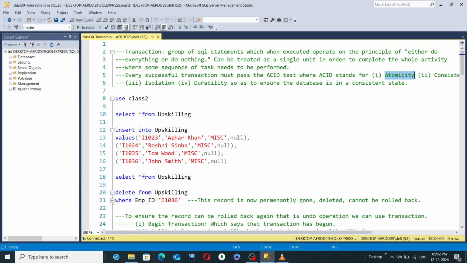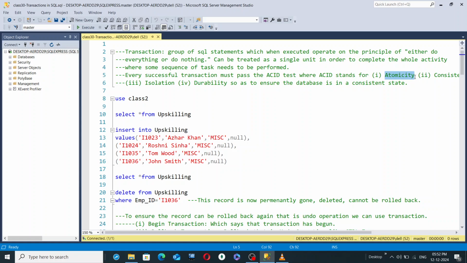But suppose step number three is not followed. That is, for person Y, the account balance has not been updated to $400. It still shows $200. One and two are followed, but step number three is not followed. So in this case, what will happen?